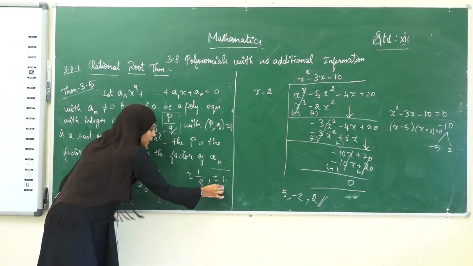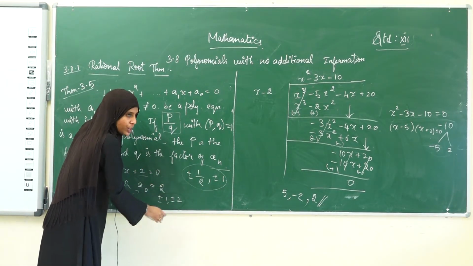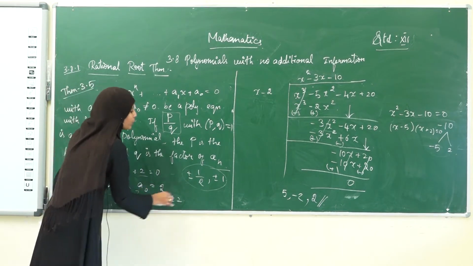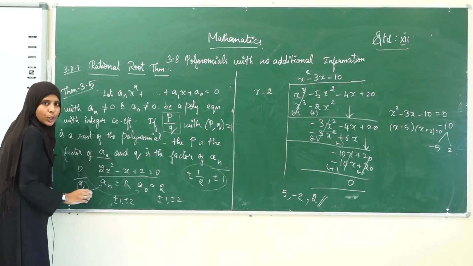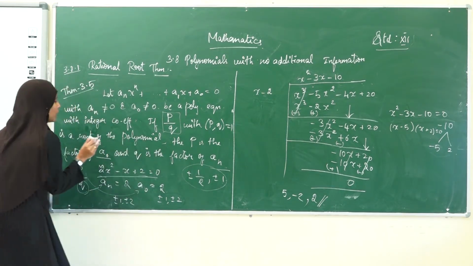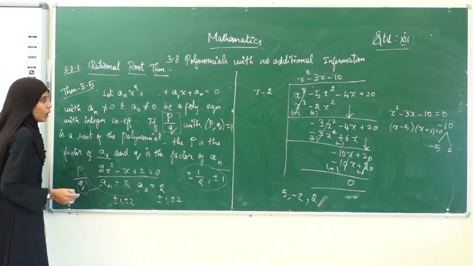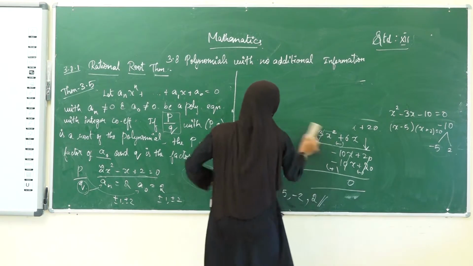These are the possible solutions. This is not the solution, we are just getting the possible solutions. Then what do we have to do? We have to substitute these terms in the given equation. When we substitute and get the answer as 0, that particular term will be a root of the given equation.